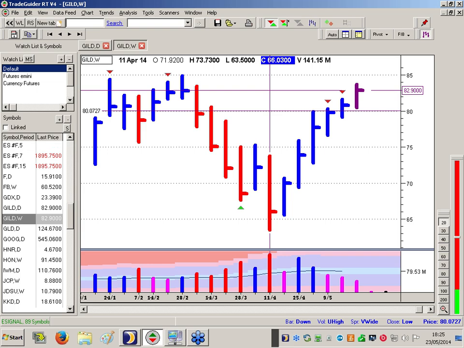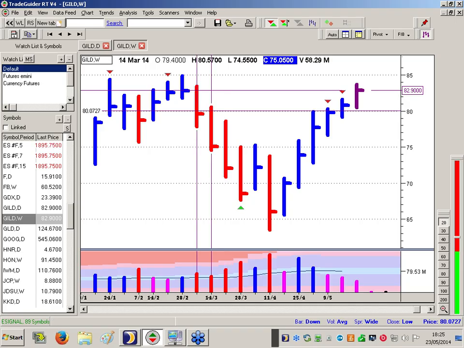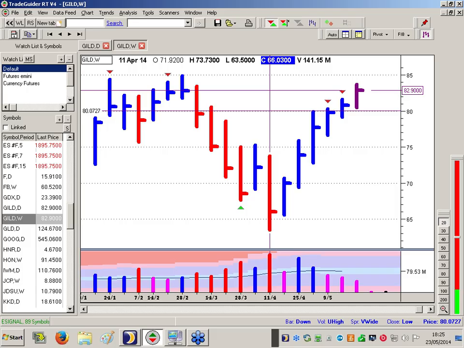But on saying that, this is quite serious looking weakness here. Admittedly, you've got 1, 2, 3, 4, 6 down bars here, or even 5 there. So there was some buying there, look.